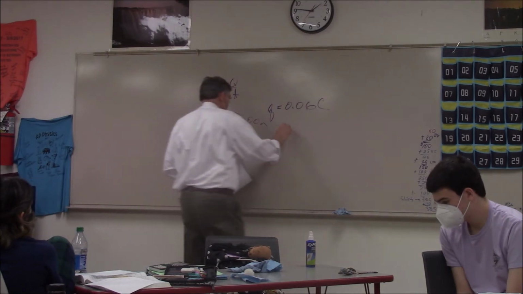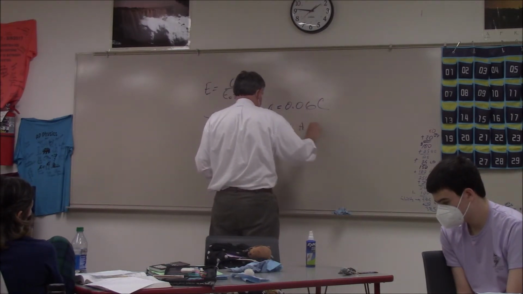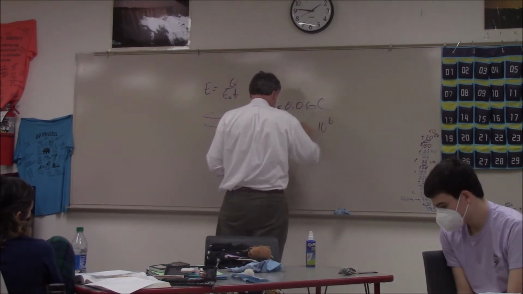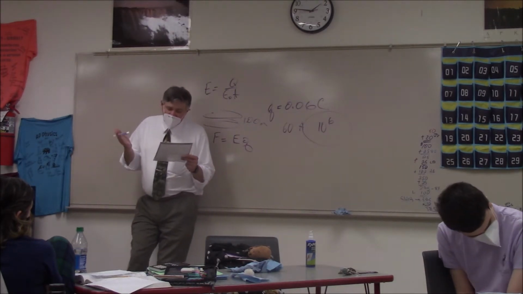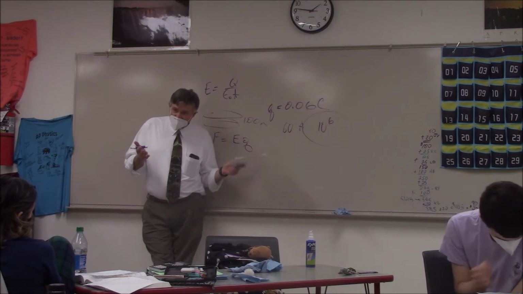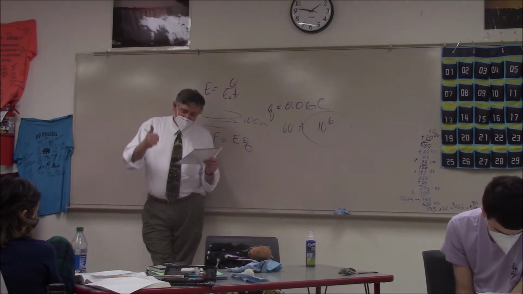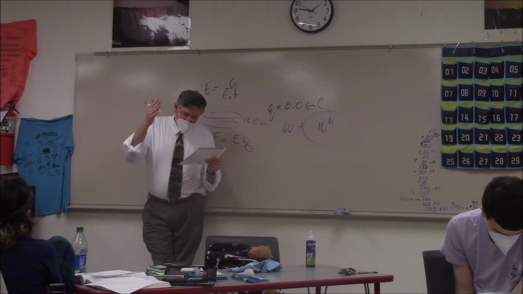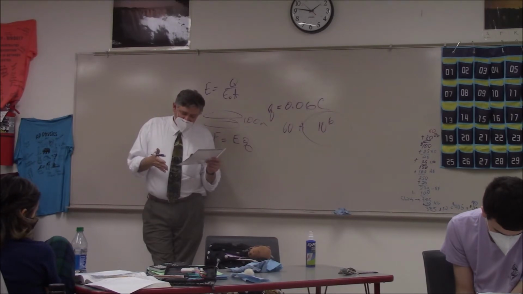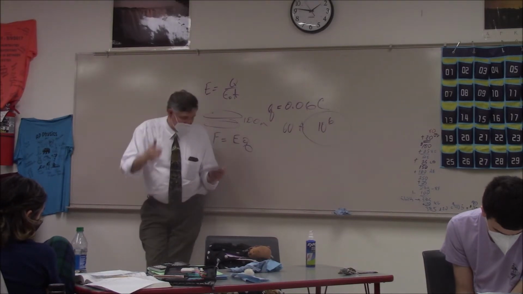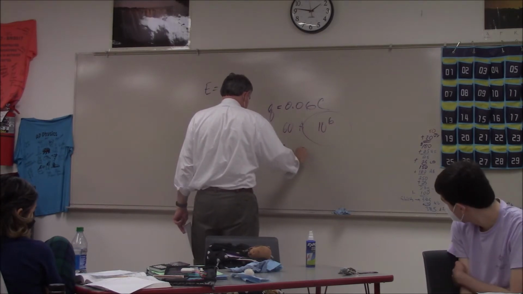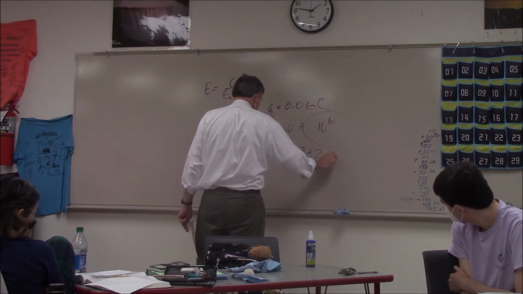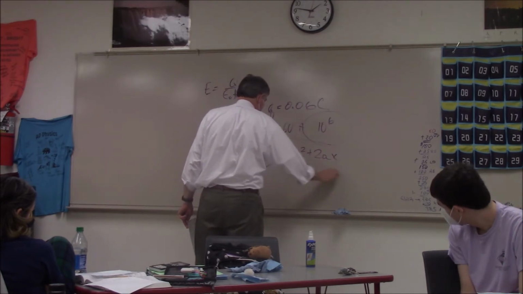So on B, you're going to use F equals qE. You're going to find the force, and then you can find the acceleration, and then eventually you have to go old school and use that equation, v naught squared plus 2ax.